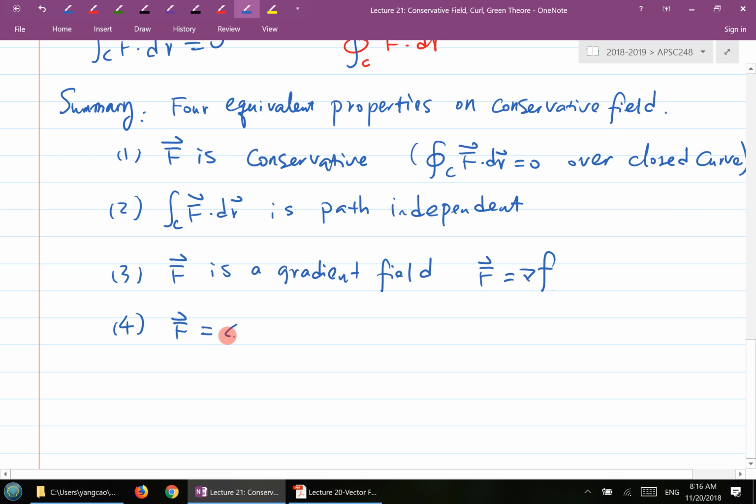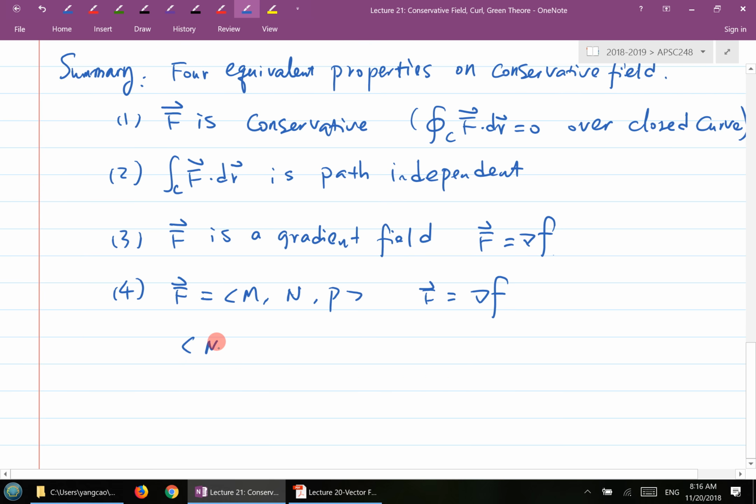So if the vector field is written as M, N, and P, so three components, and F happens to be the result of a gradient operation of a scalar function, then we certainly know that M, N, and P equal to, because the gradient of the function f is partial f over partial x, partial f over partial y, and then partial f over partial z.